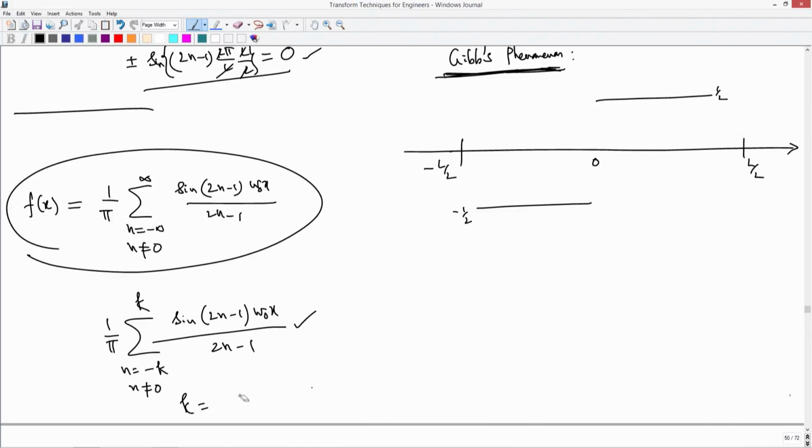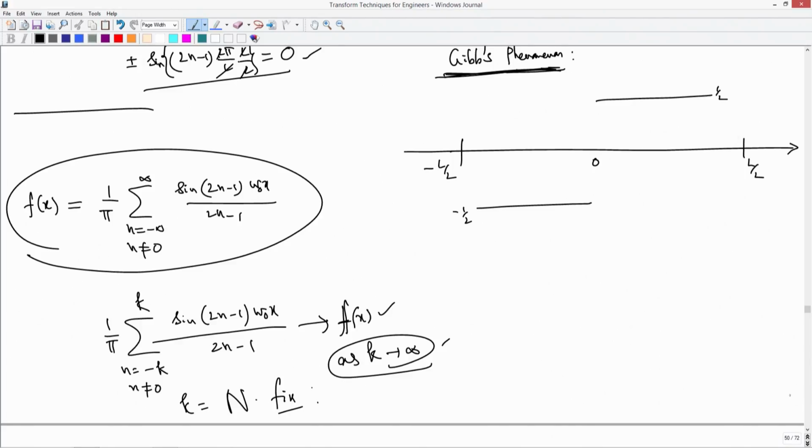So, fix some big N, k equal to N, and plot. Eventually we know that this converges to f(x) once you fix x, as k goes to infinity.